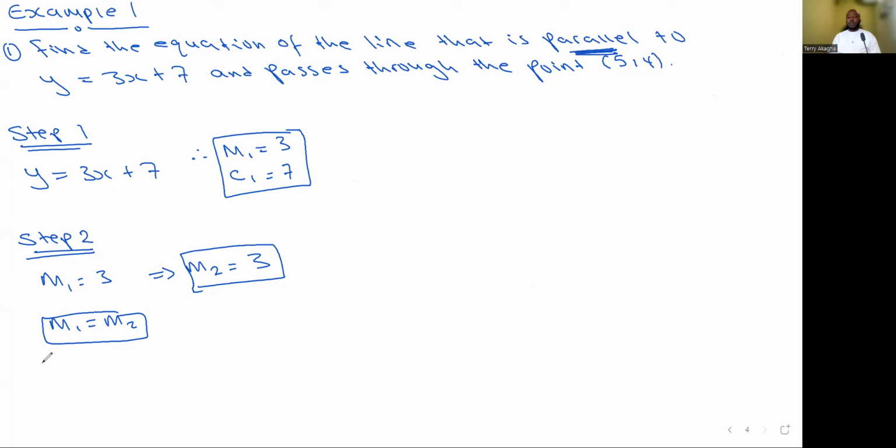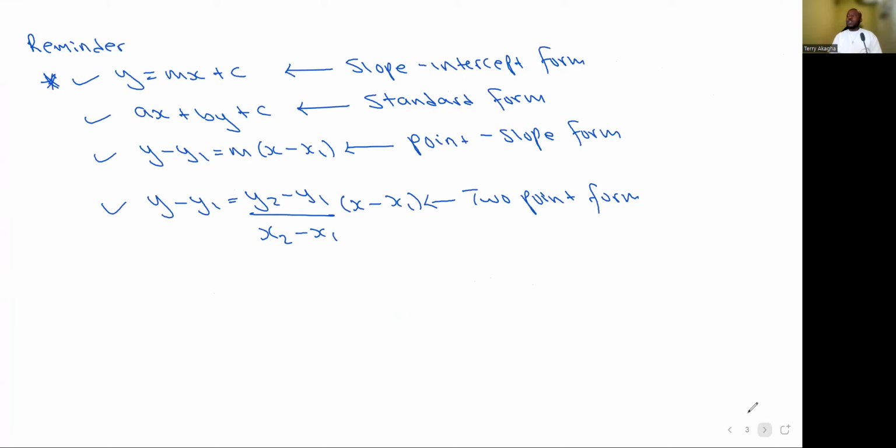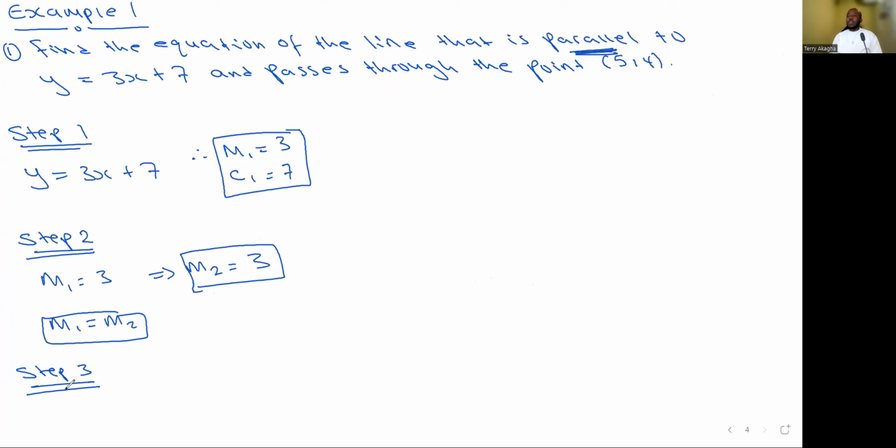Now step 3. We're now finding the equation of the second line using the appropriate method based on the information given. We know the slope of the second line, m2, is equal to 3.